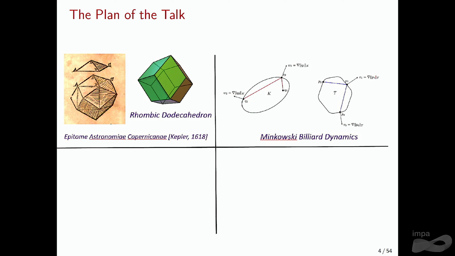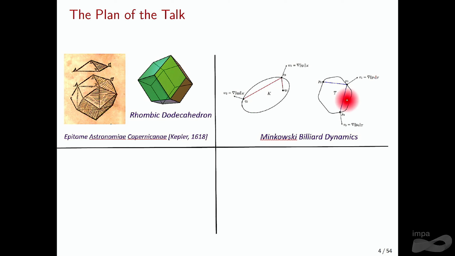In this particular case of Minkowski billiard, the geometry that governs the motion comes from a certain norm. So in the setting of Minkowski billiards, we usually have two convex domains. One of them plays the role of the billiard table, and the other convex domain controls the geometry with respect to which we play billiard.